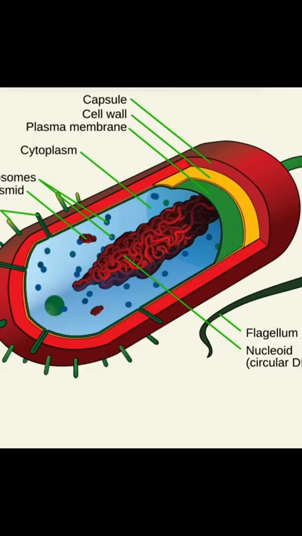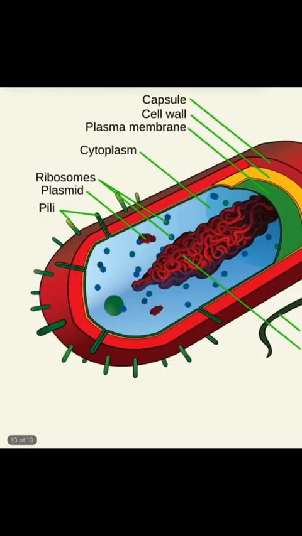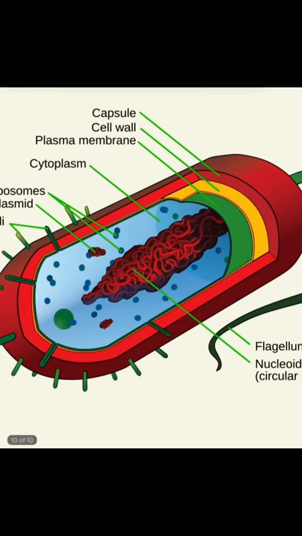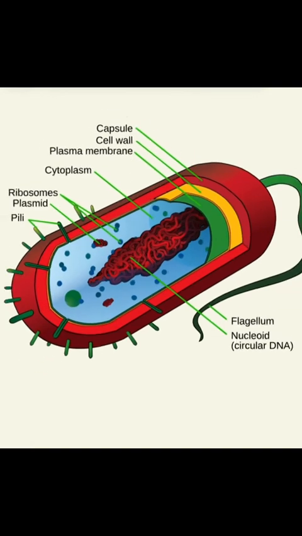That's actually the chromosome. It's a circular chromosome, so it's a bit different in prokaryotic cells. It's not enclosed within a nucleus. And what's interesting is circular DNA is also found in mitochondria and chloroplasts, so it can be found in plant cells and animal cells as well.